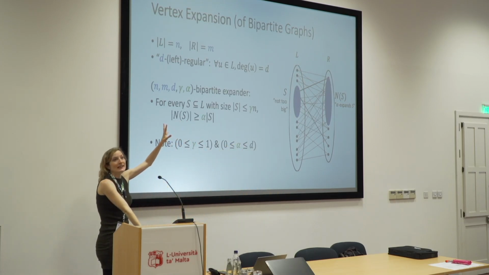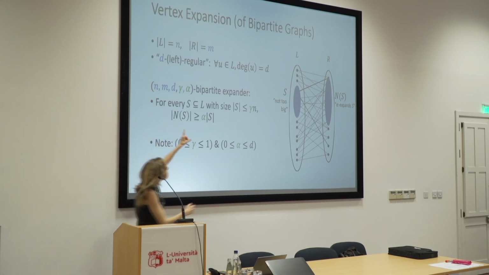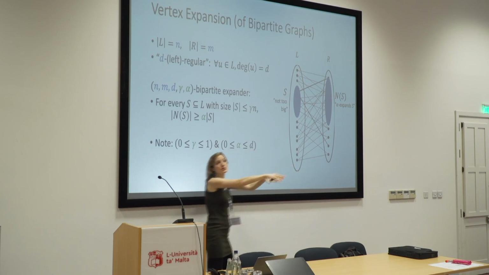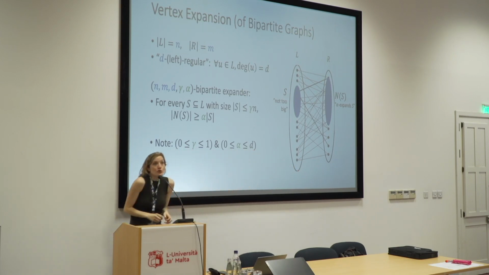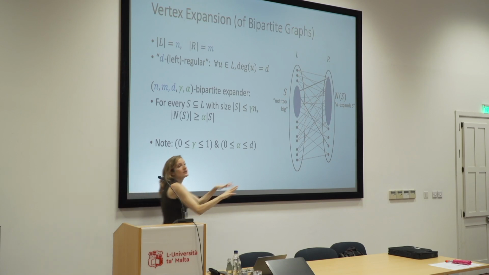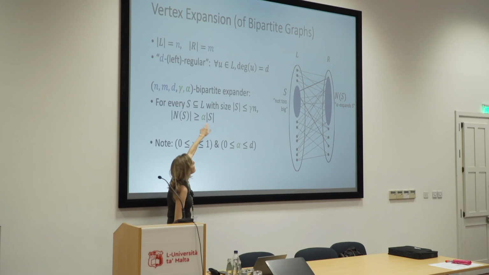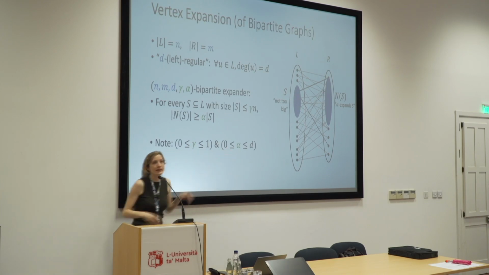If this is D left-regular, then each vertex in S has D neighbors individually, and the most you could possibly expand is if all of these D neighbors are distinct. So alpha here is at most D, giving D times the size of S.